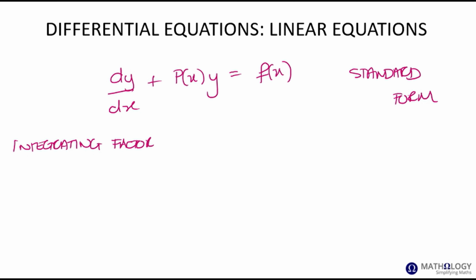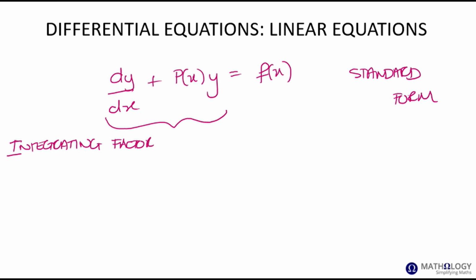The reason we do this is that the left-hand side reduces to the derivative of a product of variables by using the chain rule. That is why we establish an integrating factor and multiply every term by it: to reduce the left-hand side to a quantity that can be integrated.